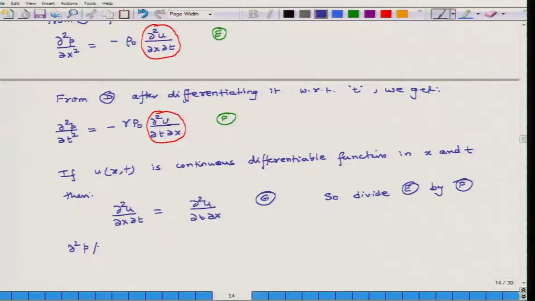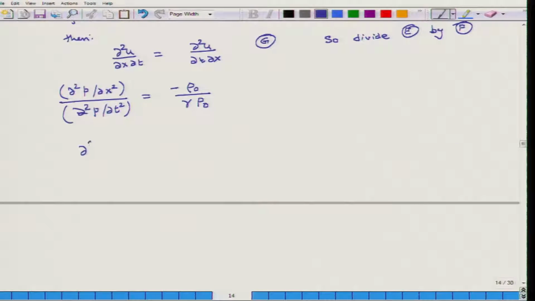Del 2 p over del x square divided by del 2 p over del t square is equal to minus rho naught by gamma p naught. So, del 2 p over del t square equals gamma p naught over rho naught del 2 p over del x square.